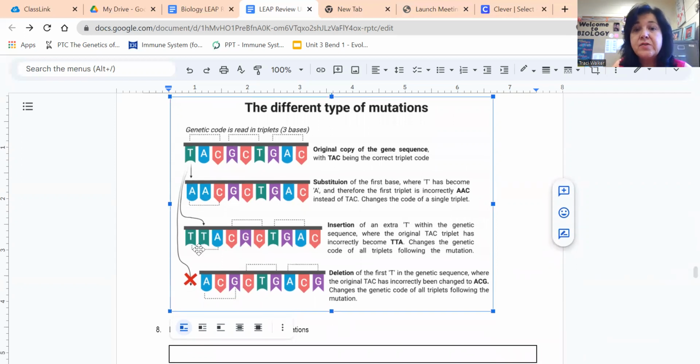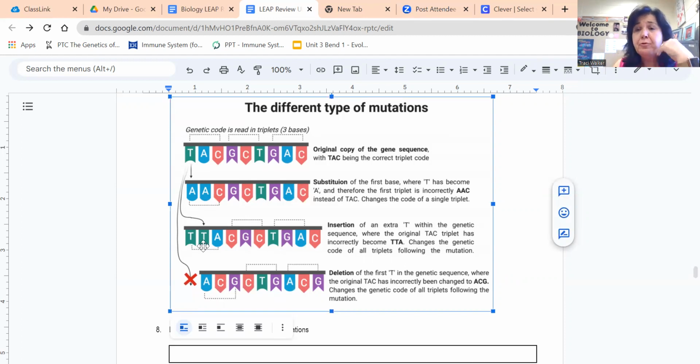And now an insertion, on the other hand, can cause lots of problems. So let's see what happens here. So here's your original strand, and you can see that in the original we have TAC, but with the insertion, there's an extra T added. Okay, so everything after that is shifted over to the right. And so that could cause everything after that to be messed up.